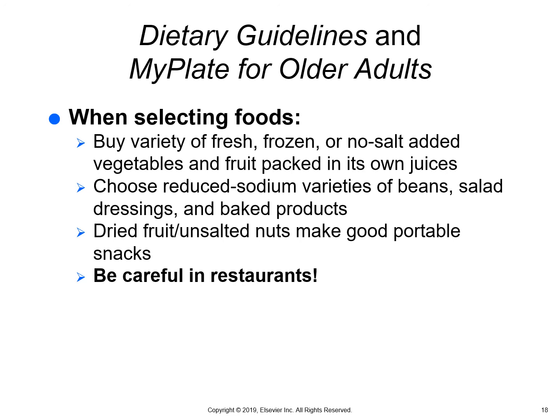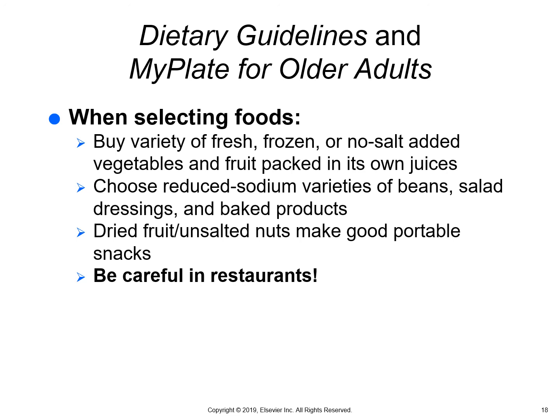What we could suggest when they're selecting foods is to buy a variety of fresh, frozen, or no salt added vegetables. So if fresh isn't a good option, frozen is the next best option. And if they buy frozen vegetables, those things can be stored and you don't have to go to the store as often.